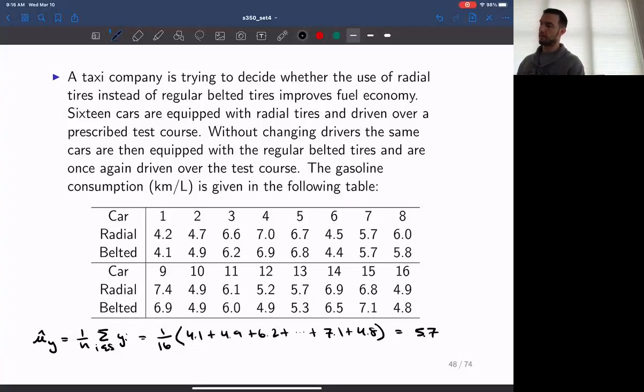Okay. So there's simply just the sample means for each measurement respectively. Okay, and then mu hat x would be the same idea.